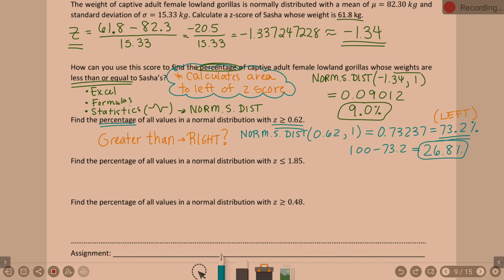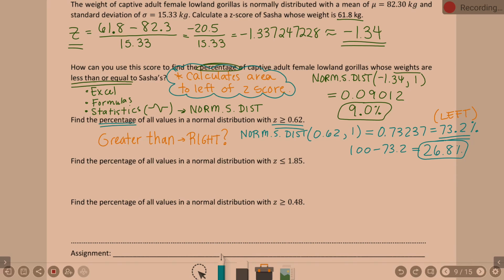I boxed it. I made it official. So that is the one thing. I'll be honest, I got caught on this in Savas the first time I went through it too, because the book examples only give us problems to the left. I didn't have any where I had to go to the right. So I made sure that the notes instead had stuff. So beware. If they're asking for less than, your normal distribution function in Excel will give you less than.